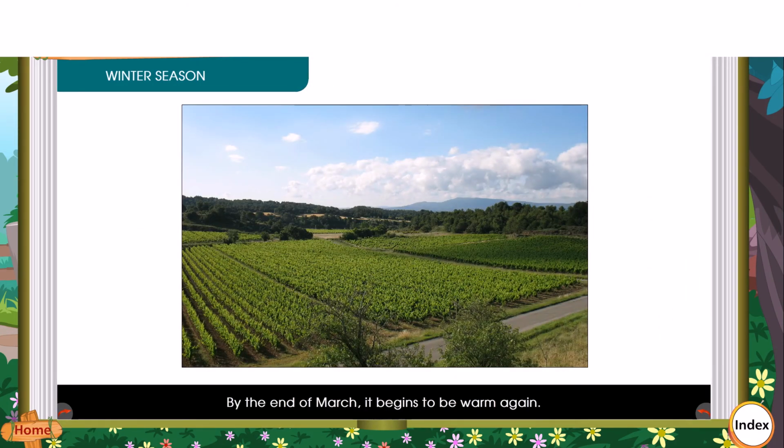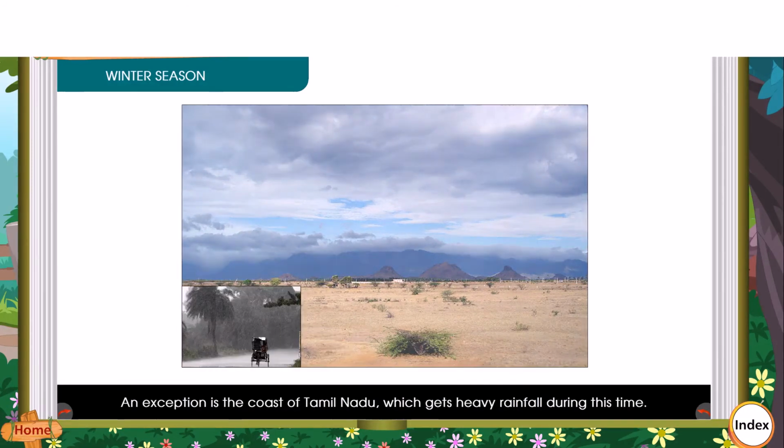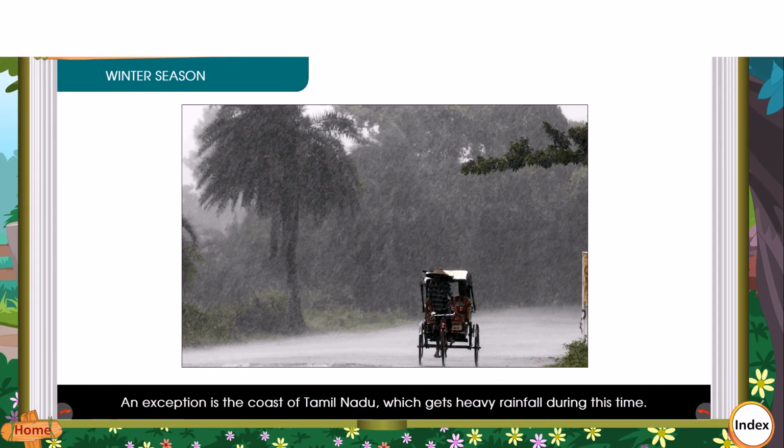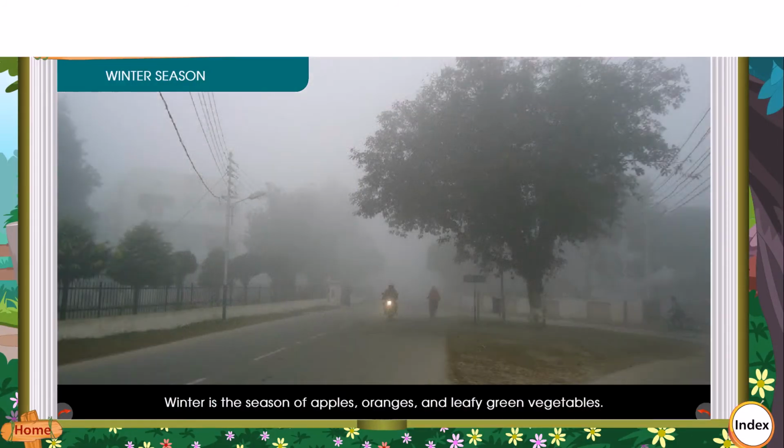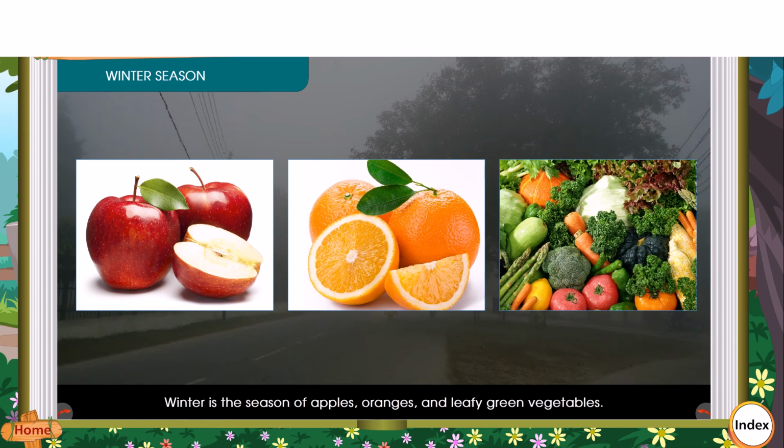By the end of March, it begins to be warm again. A major part of India remains dry during the winter months. An exception is the coast of Tamil Nadu, which gets heavy rainfall during this time. Winter is the season of apples, oranges, and leafy green vegetables.